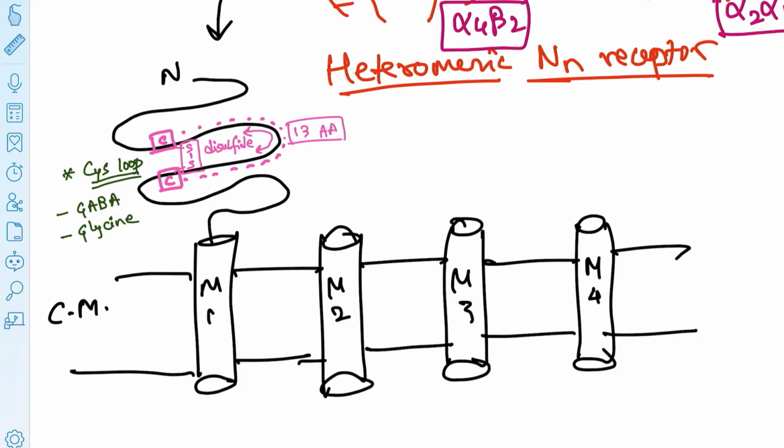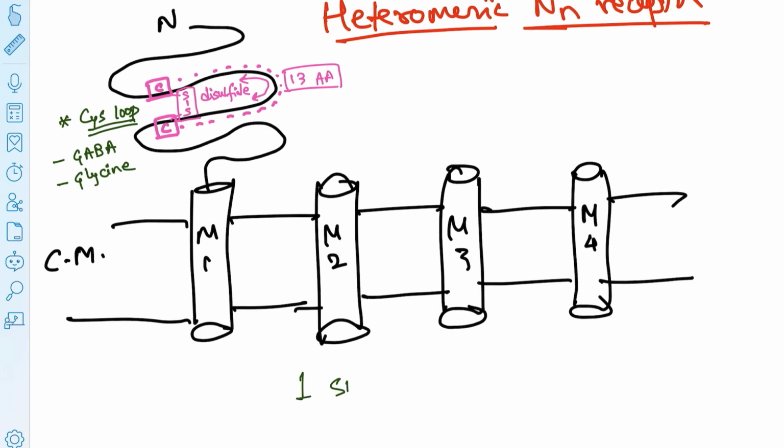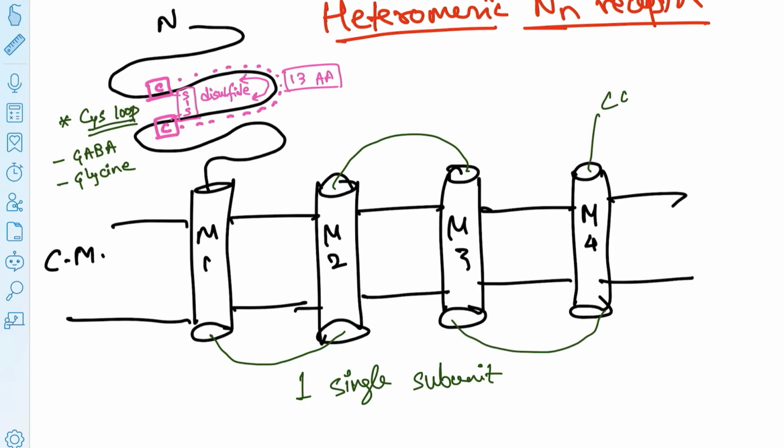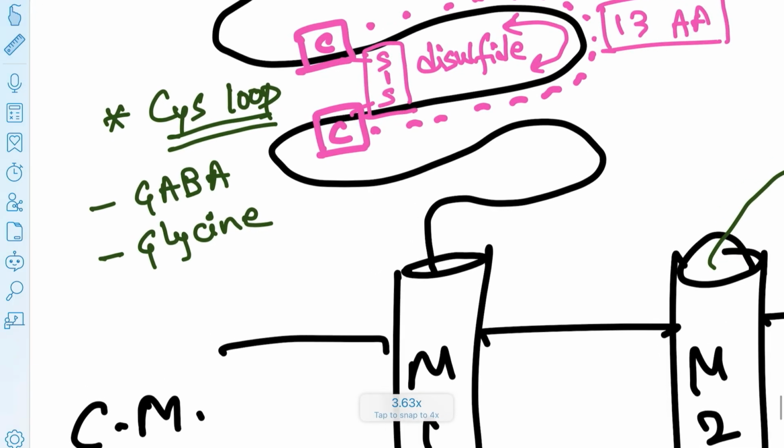So this is the basic structure of a single subunit, right? Single subunit. And obviously the four transmembrane regions are also connected to each other like this. So these are the linker molecules, and the C-terminal domain is also extracellular. So the N and C-terminal both are extracellular in nature, right? Yeah, I forgot to mention this cysteine loop.